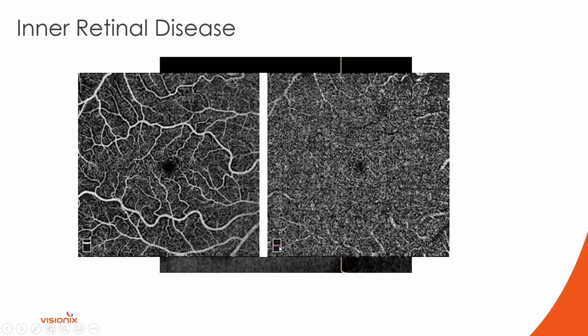And the purple one is kind of in the middle, indicating we're moving a little bit further down into the retina. So for the purposes of diabetes, the slabs of interest are going to be the superficial and deep capillary plexi. There is literature now, and we'll talk about it in just a minute, on some of the other slabs, but for most cases, these are going to be the slabs that you want to focus on.